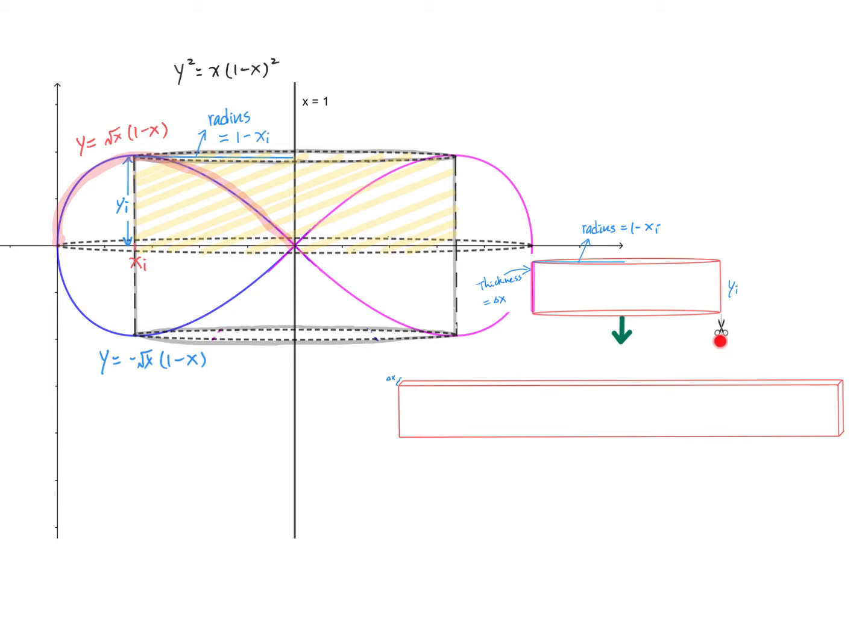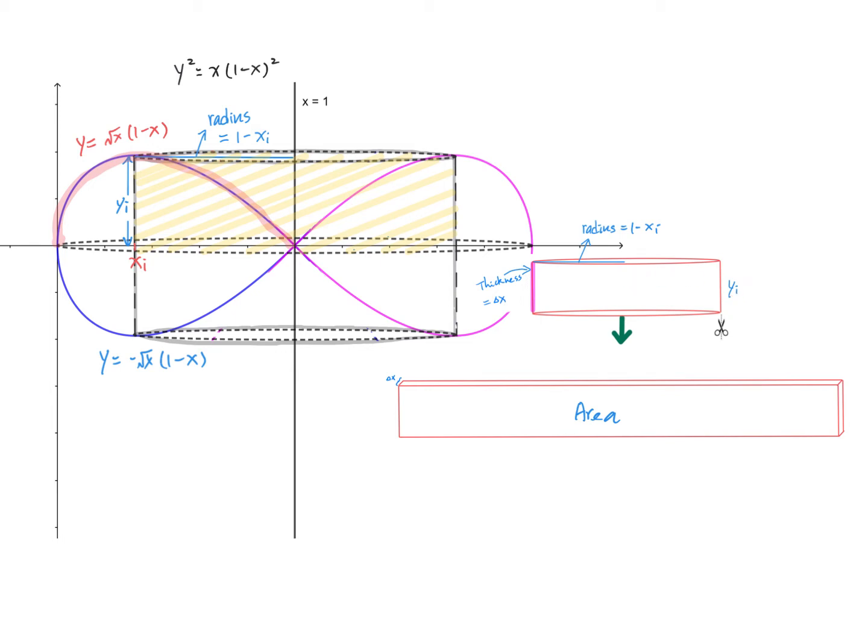If you cut it open here and then unroll this tube, you are going to get a rectangular prism like this. If you get the area of this rectangle and multiply by the thickness delta x, you are going to get the volume of this rectangular prism, which is actually the volume of this tube, this hollow cylinder.